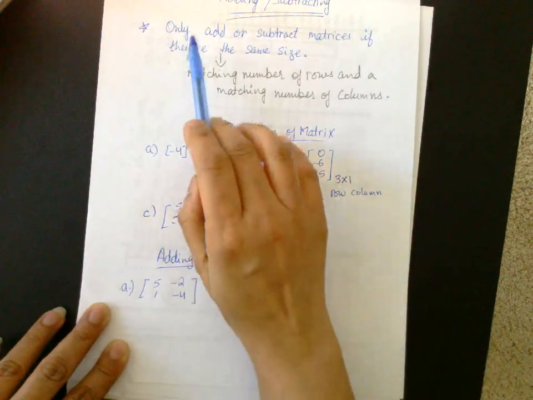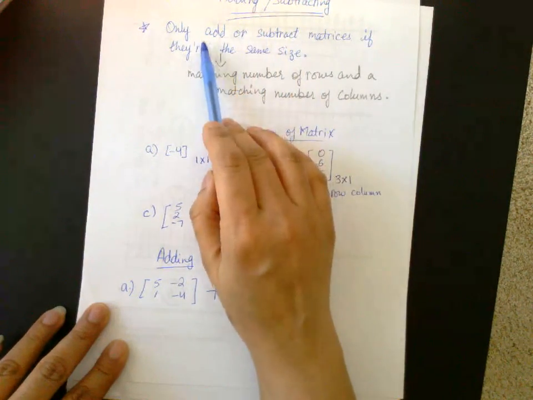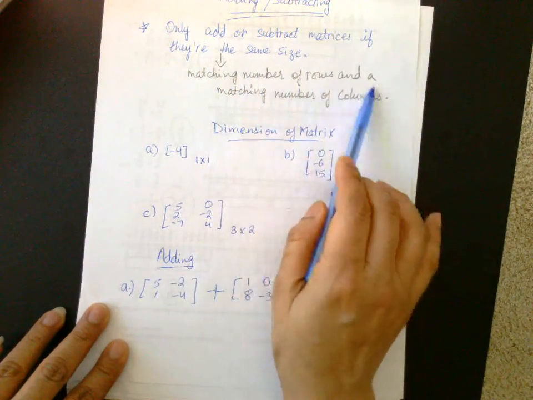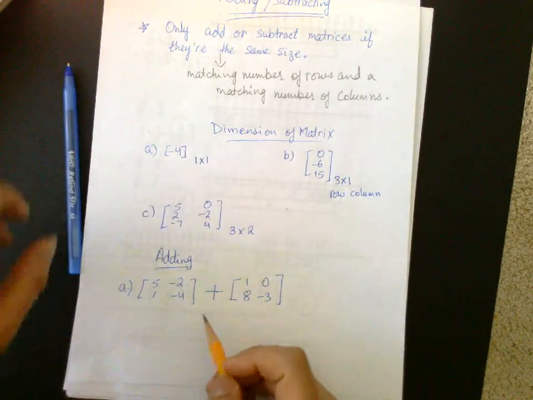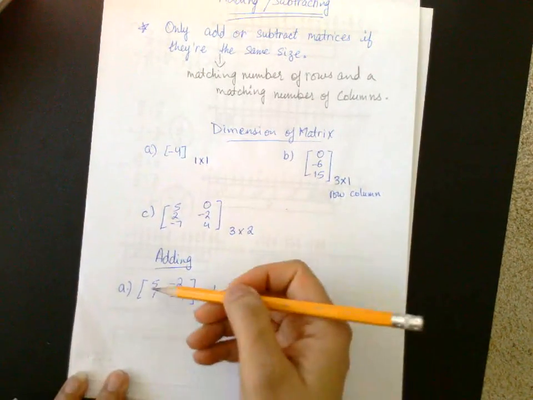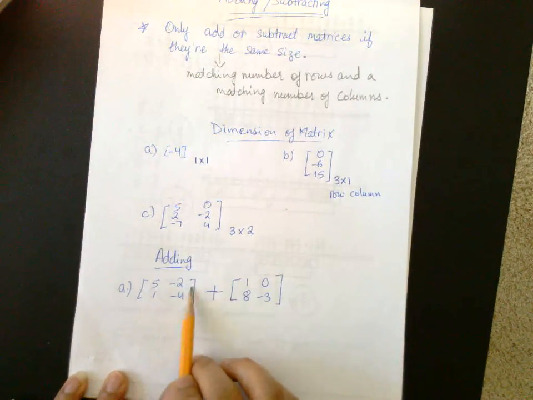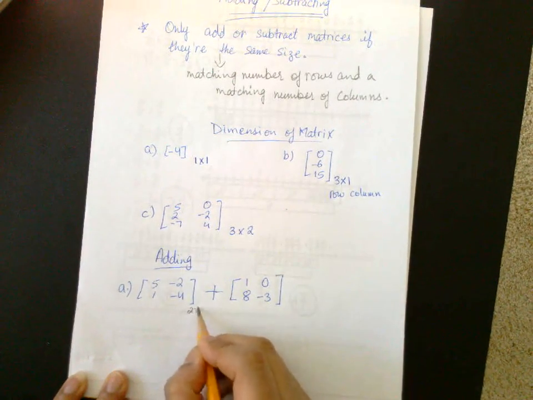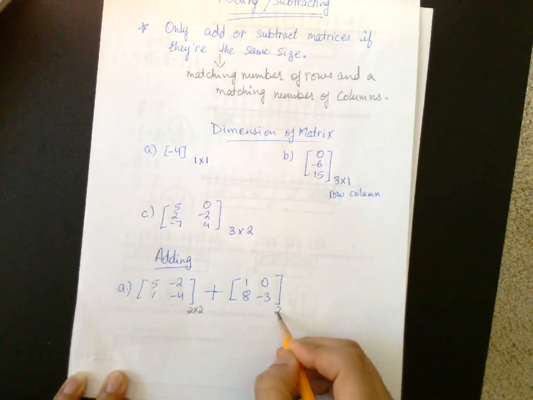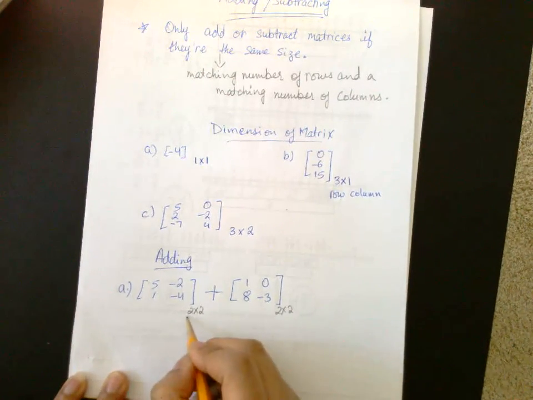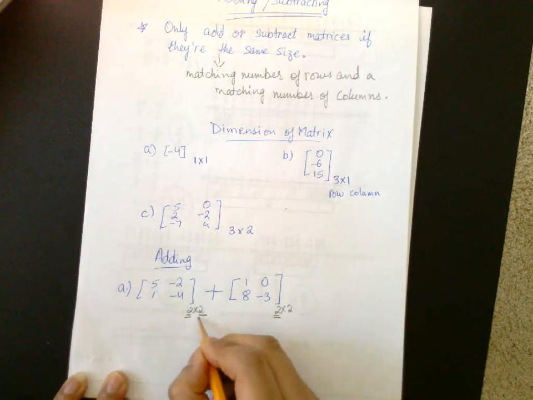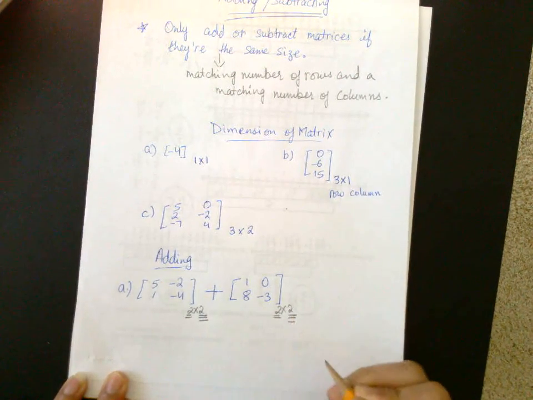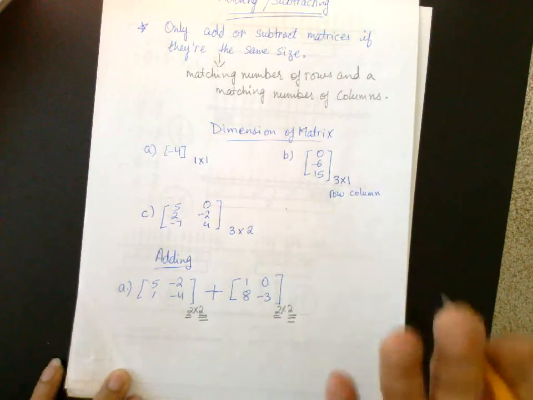Now, you can add or subtract only when you have a matching number of rows and a matching number of columns, right? So the dimension of this one: up and down, 2, side to side, 2, so 2 times 2. This is also 2 times 2, right? Same number of rows, same number of columns.